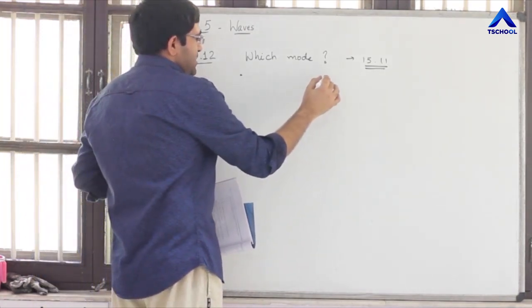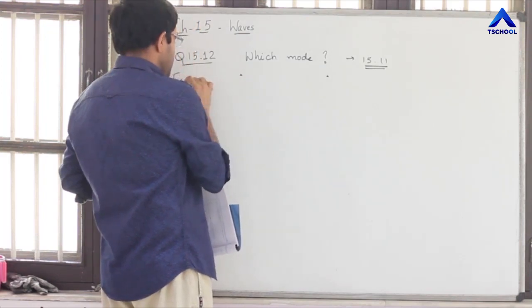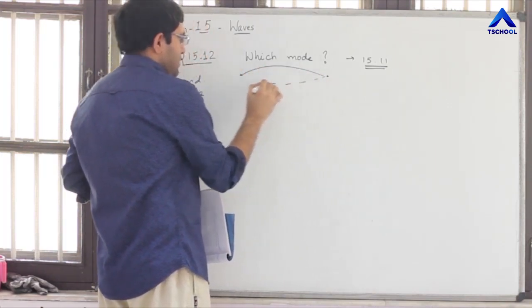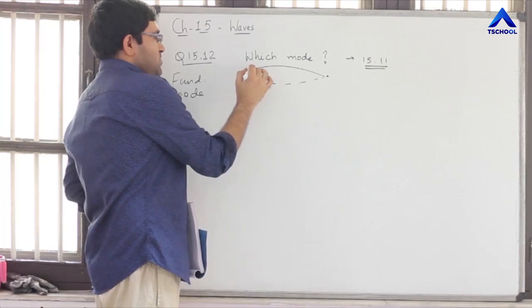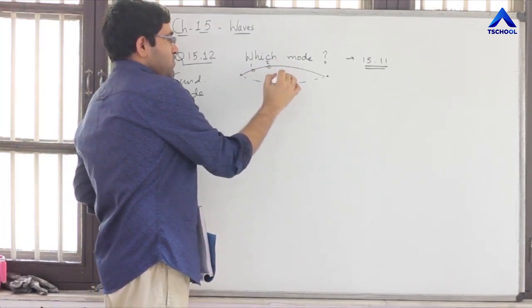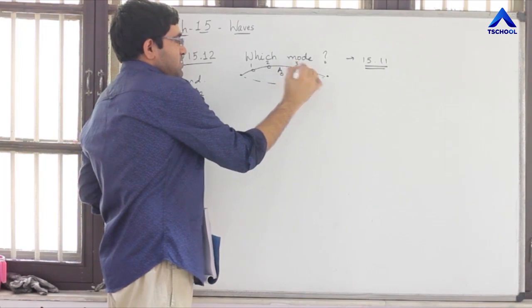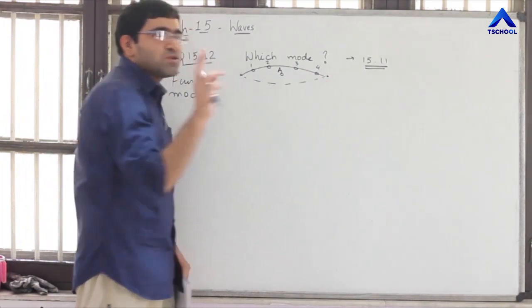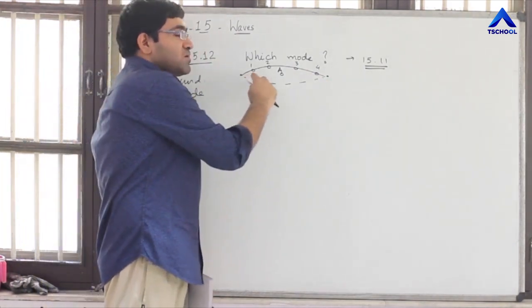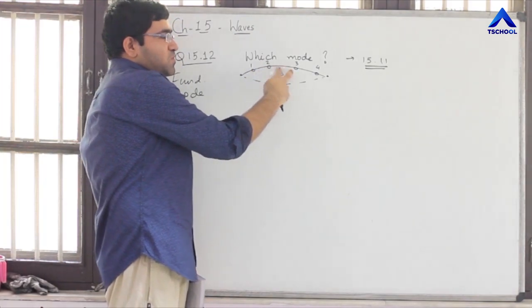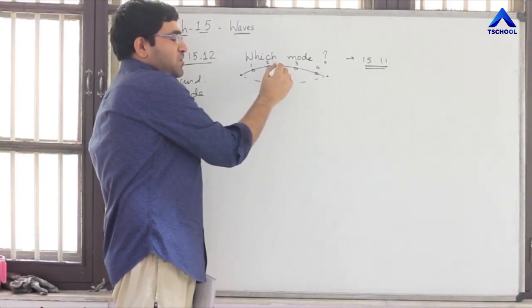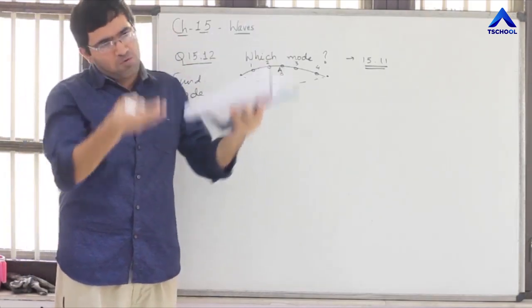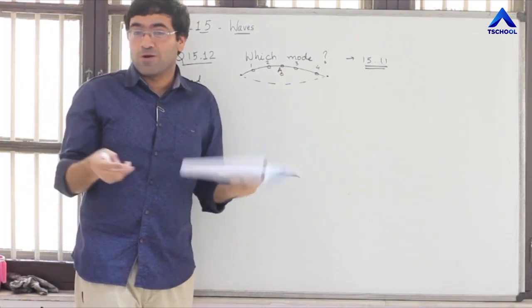If the string vibrates in fundamental mode, hopefully you do remember the explanation that I gave you in the previous class. The points 1, 2, 3 and 4 are all located between two consecutive nodes. So when 1 is going to reach its amplitude, so will 2, so will 3, so will 4 and so will this anti-node point. That means they all go up together, reach their amplitude, and go back. That means they are all in the same phase.